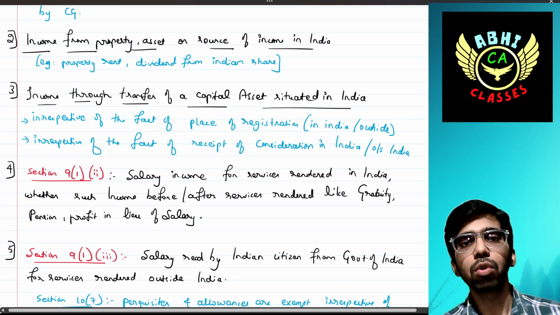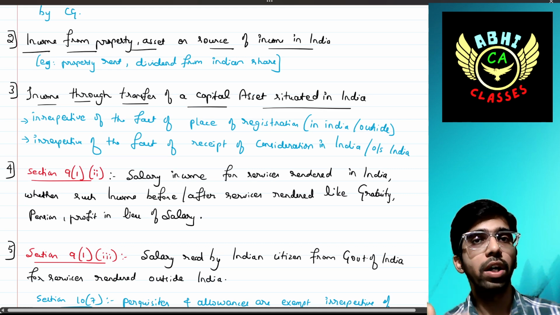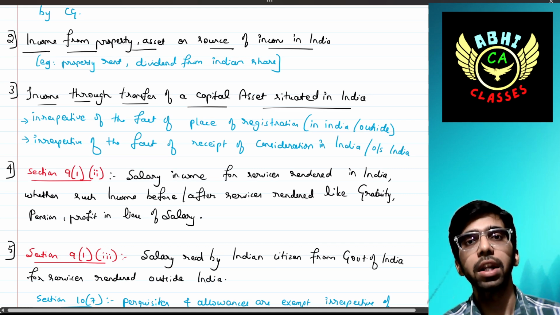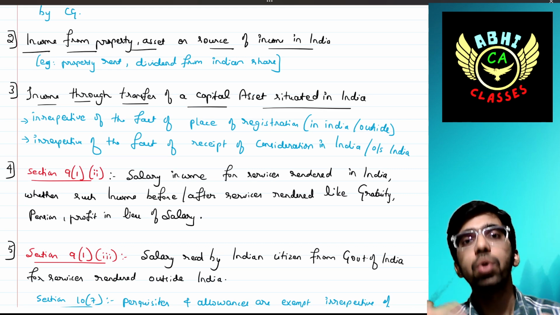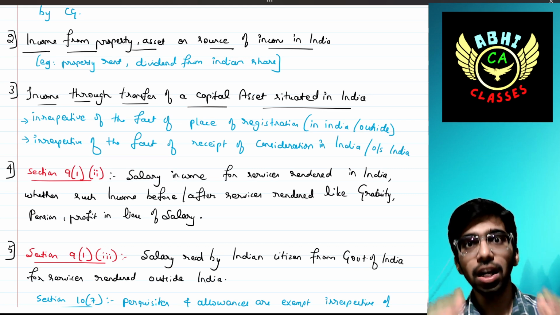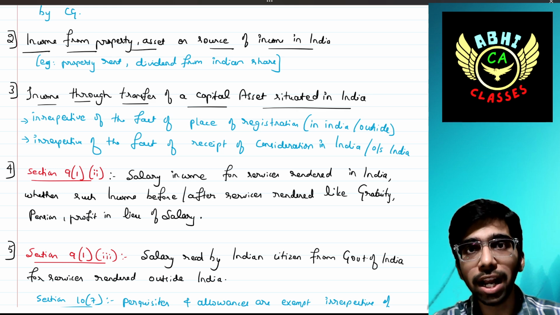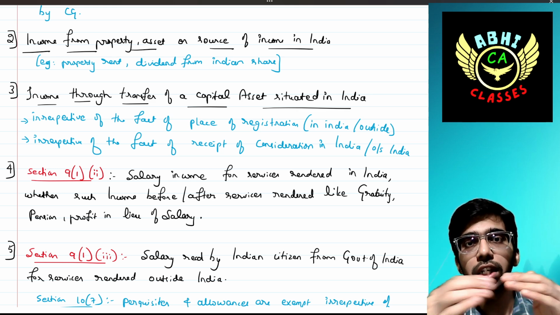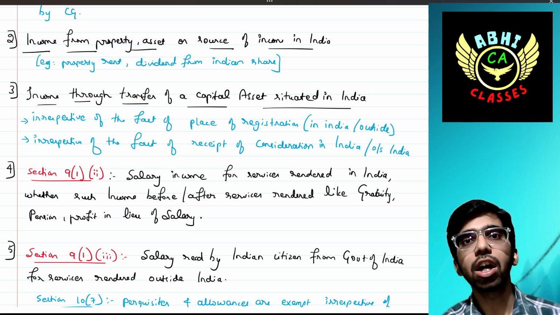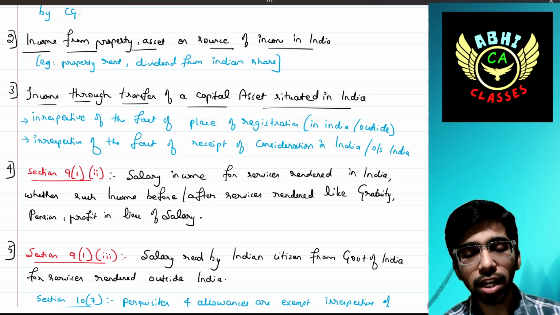Next, income through transfer of capital assets situated in India. If I transfer a capital asset, let's say I sell that building and receive the sale proceeds in a foreign bank account, that income is still generated from an Indian asset, right?